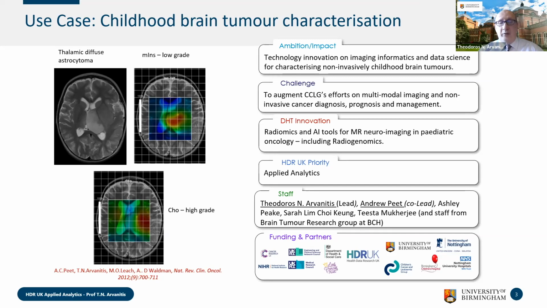As part of that innovation in the applied analytics HDR priority, we looked at the concept of radiomics and AI tools for magnetic resonance neuroimaging for pediatric oncology in particular.